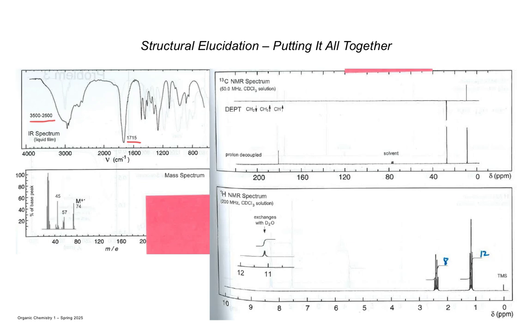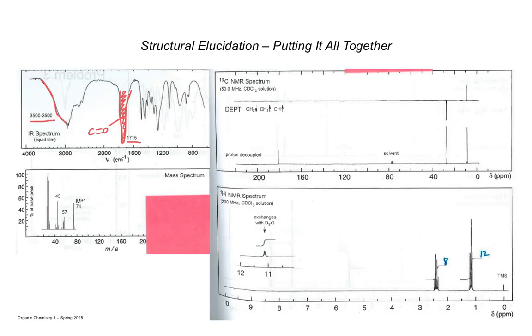Carboxylic acid. So we see this signal here, that's our region 3, and that's a pretty intense signal. You can see it almost goes down to the x-axis. And we can say that belongs to a carbonyl group. And then in region 1, we look at this very broad signal.